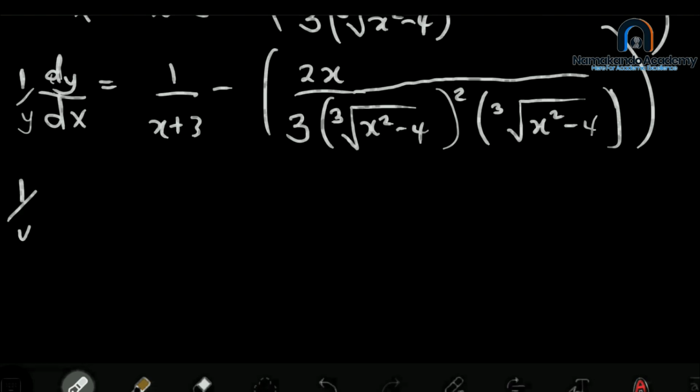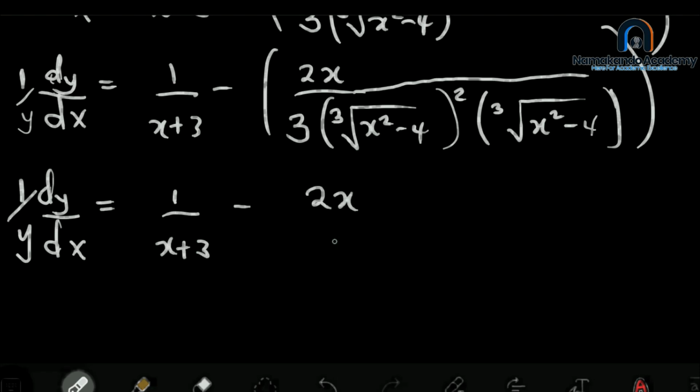We write 1 over y dy/dx for the left hand side equal to 1 over x plus 3 minus 2x over 3 multiplied by, now here this is squared and that is just the power 1. As you can see the bases are the same, thus we add the exponents.